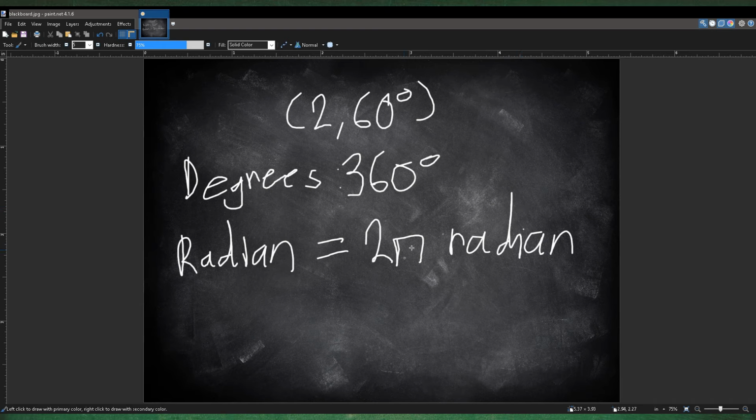Okay, 2 pi radians is not the same thing as 2 radians. Do not ever forget it, because pi matters. Pi is a number, 3.14159265, etc. I don't know the entire digits, but pi matters. So it's gonna be 2 pi radians because it's measuring the circumference.